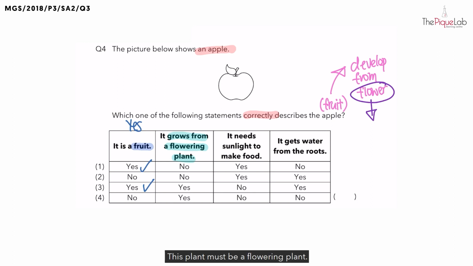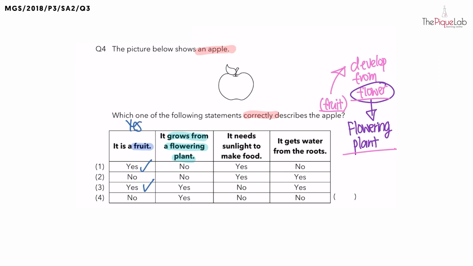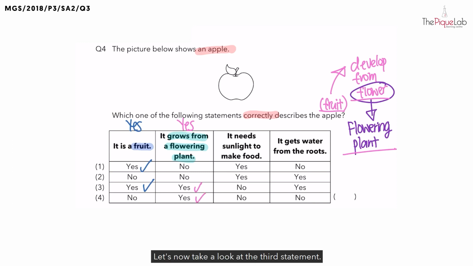This plant must be a flowering plant. So, what is the link between a flowering plant and fruits? If a flowering plant is able to bear flowers, which will eventually develop into a fruit, is it true that the fruit grows from a flowering plant? The answer is yes.